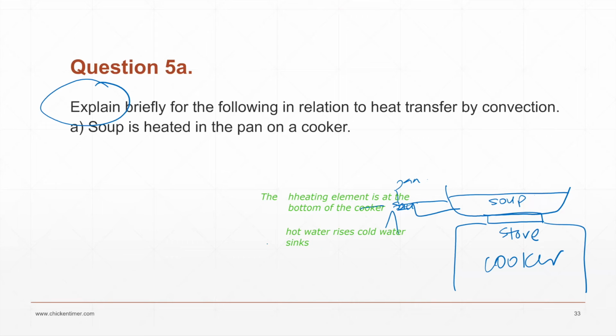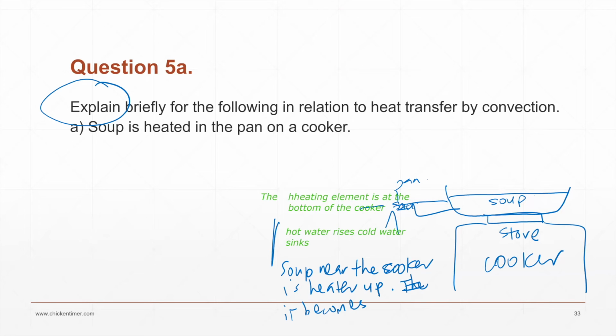So you have to say the soup near the cooker is heated up, and it becomes less dense. So the soup becomes less dense and rises.